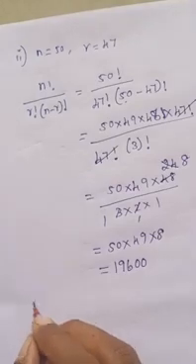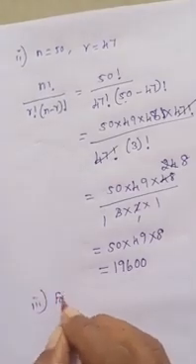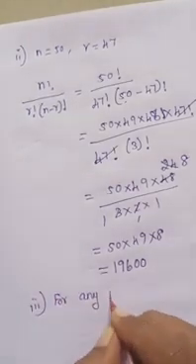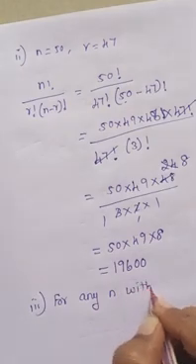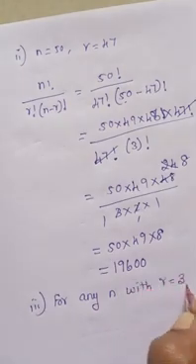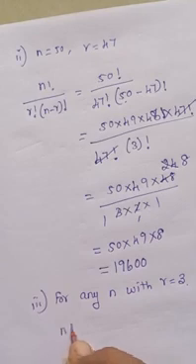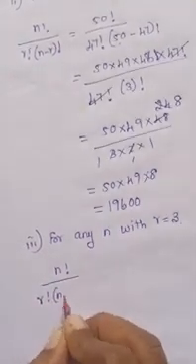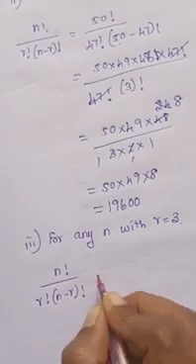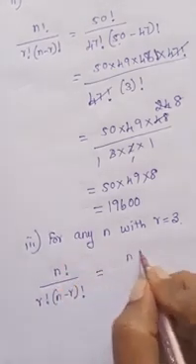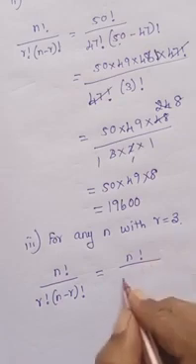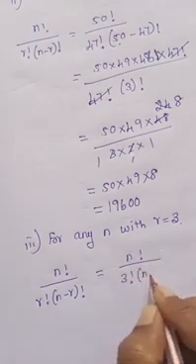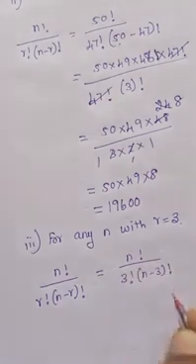Now the third subdivision, actually they have asked for any n with r equal to 3. So we are supposed to find out n factorial by r factorial into n minus r factorial. So for any n, I am giving n factorial by 3 factorial into n minus 3 factorial.